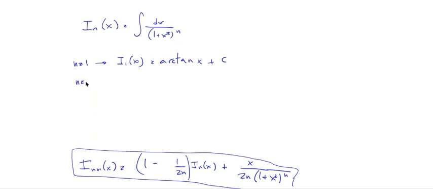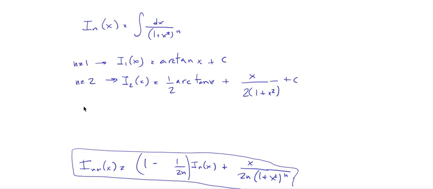So we have n equals 2, then I2 is just 1 minus 1 over 2, so 1/2 of this, which is the arctangent, plus x divided by 2 times (1 plus x squared), and then plus c.